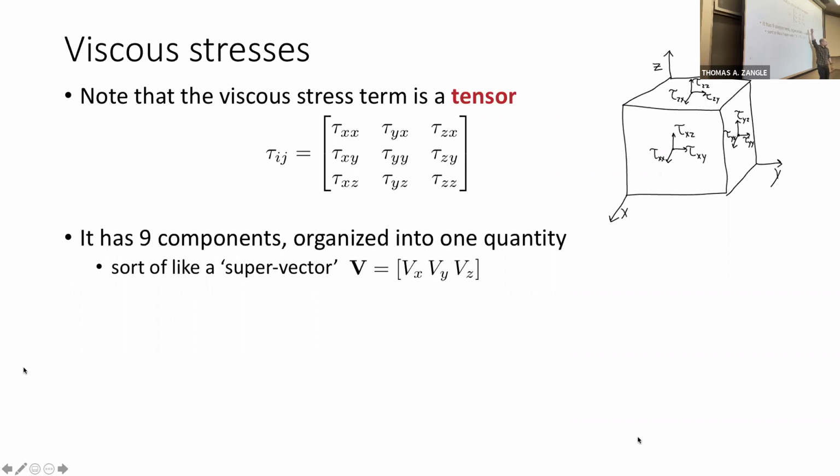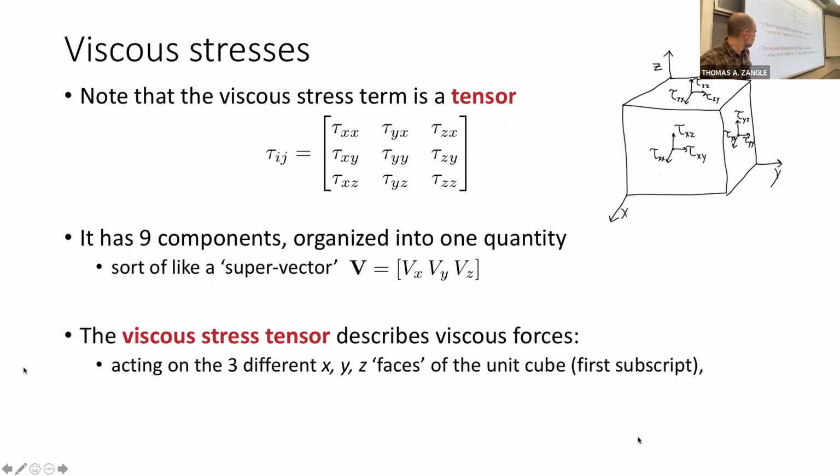Okay, we're going to simplify this into the form that we're going to use for a Newtonian fluid. So we're not going to be dealing with tensor calculus in this class. But if you see that tau ij, or that tau term, in general, that's a tensor. This is called a viscous stress tensor, and it describes viscous forces acting on the three different XYZ faces of a unit cube, the differential element of a fluid.